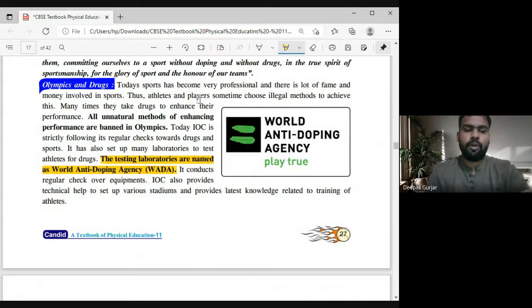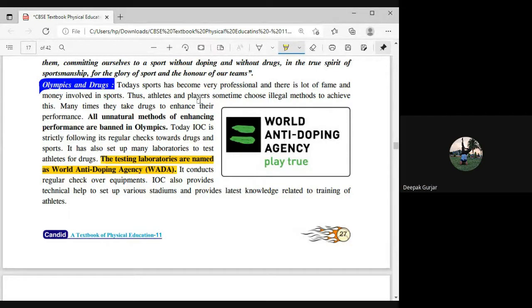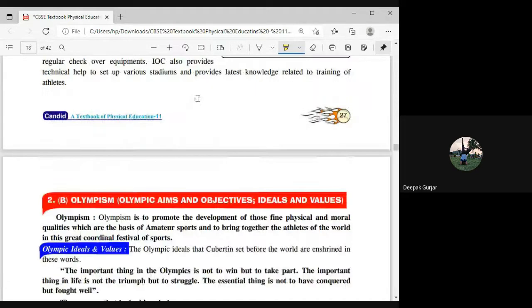It has also set up many laboratories to test athletes for drugs. The testing agency is named WADA, World Anti-Doping Agency. It conducts regular checkups over equipment, provides technical help to set up the various stadiums, and provides the latest knowledge related to the training of athletes.